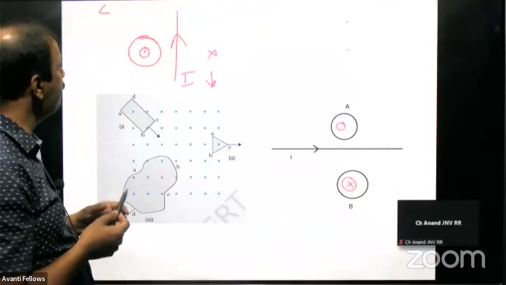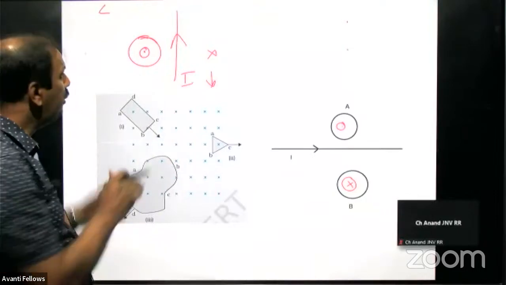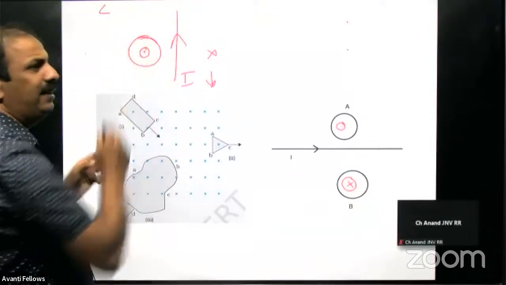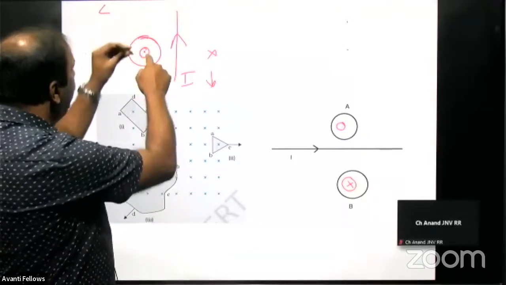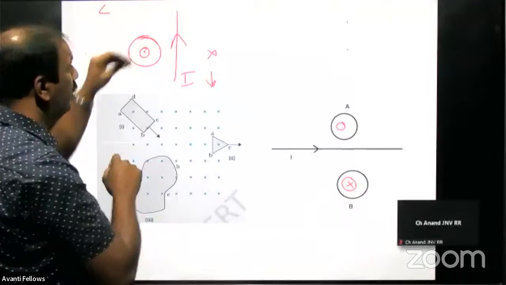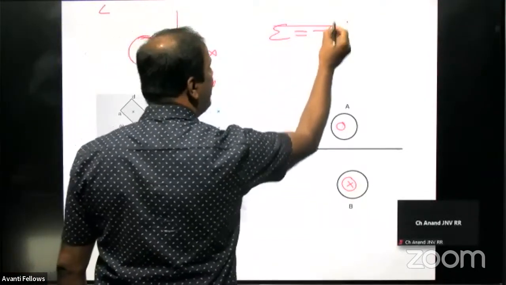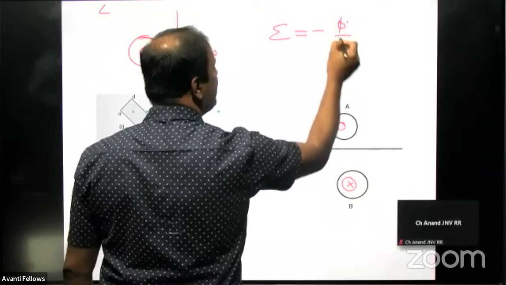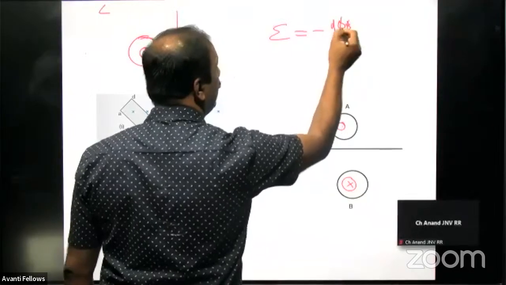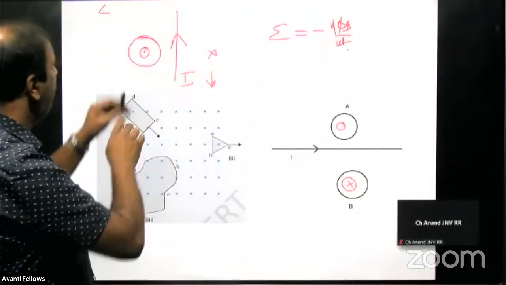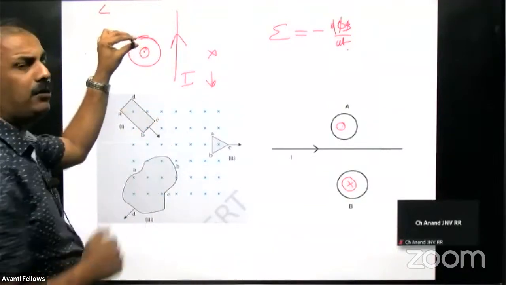Now here the question is, this current reduces. So the magnetic field, which is already toward this side, reduces. What is the meaning of that? As per Lenz's law, E should be minus d phi by dt. This minus is important for us. So our magnetic field is this side and that reduces. What do we have to do?